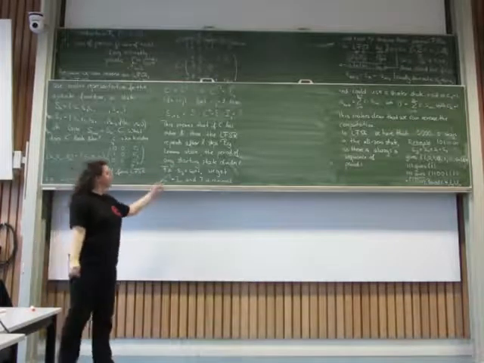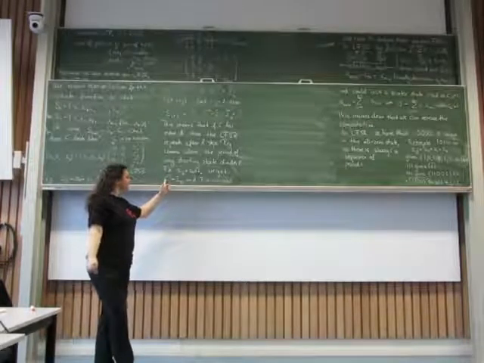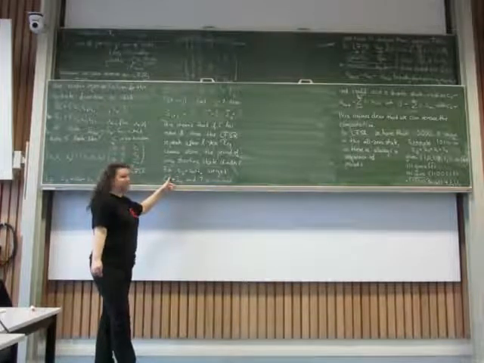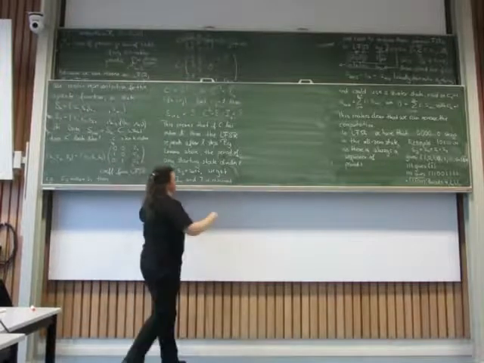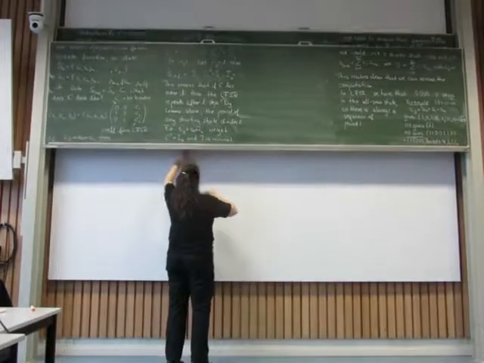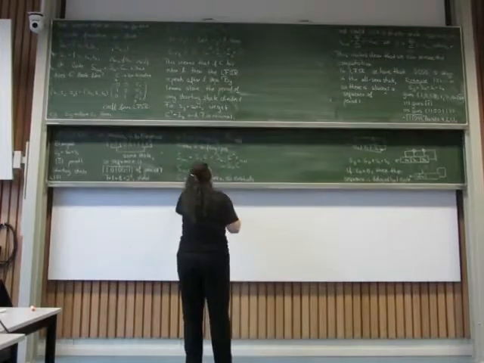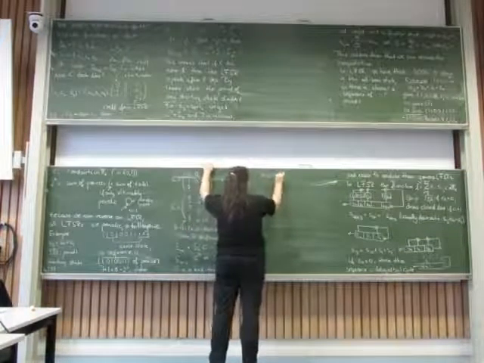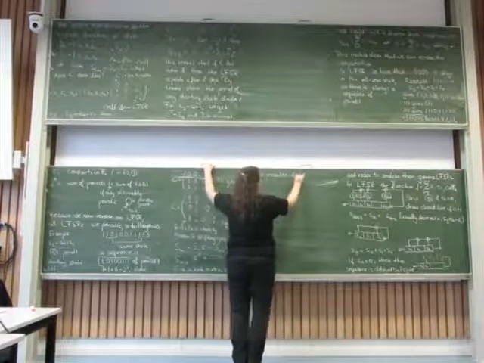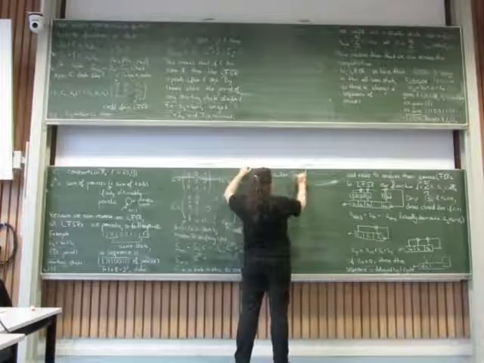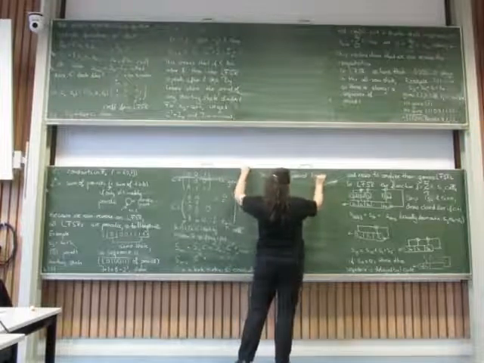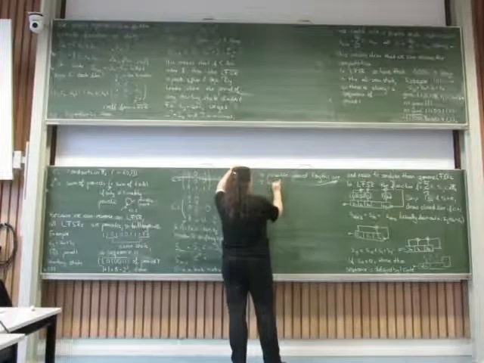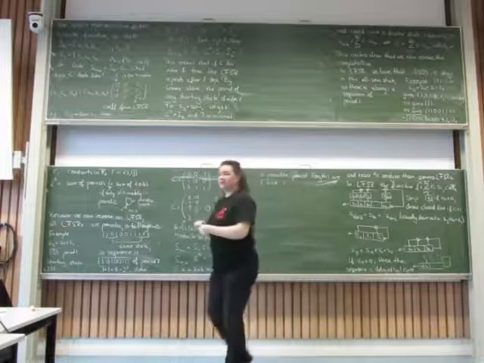If C is not the identity matrix by itself, and C to the 7 is the identity matrix, then 7 is minimal because it would have to be a divisor. So in this case, the possible period lengths are 7 and 1. And those are exactly the ones we've seen.